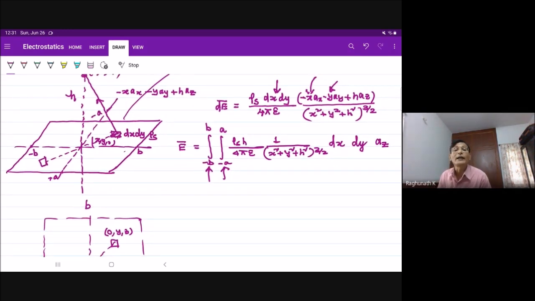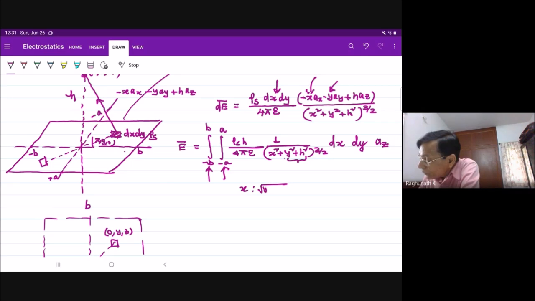When I want to integrate with respect to x, y square plus h square are constants. Substitution is x equal to root of y square plus h square tan theta.